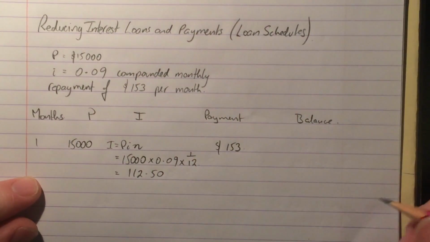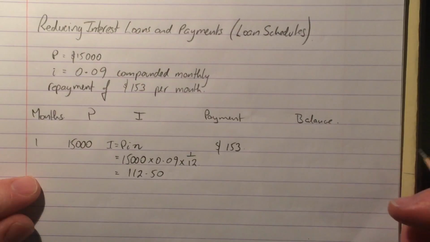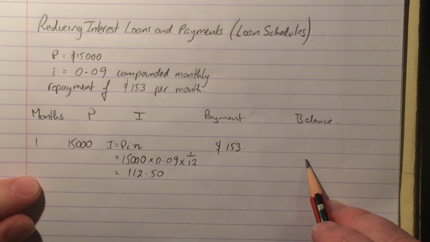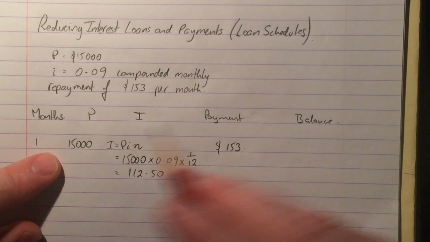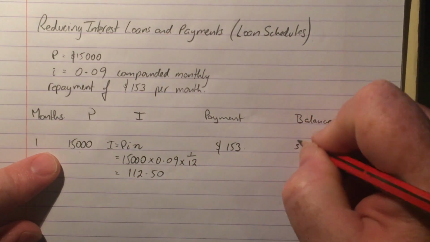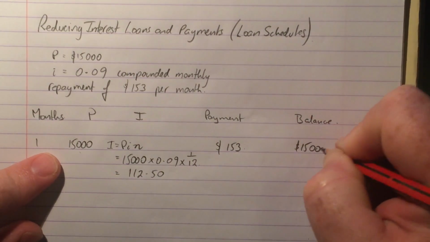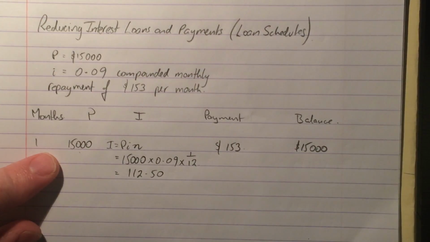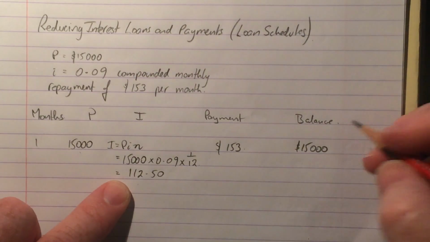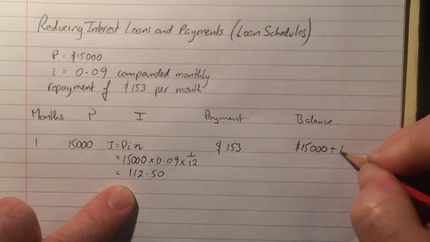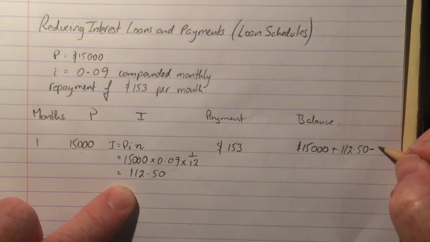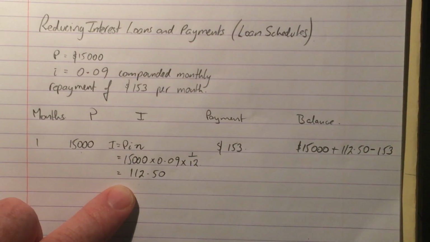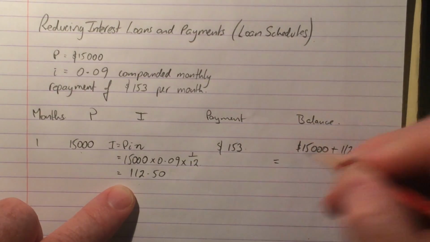The payment amount is $153. Now, to calculate the balance, we're going to start with the principal, the amount we started with. That's $15,000. We're going to add on to that the interest that's been charged, and we're going to take away from that the payment amount, $153.